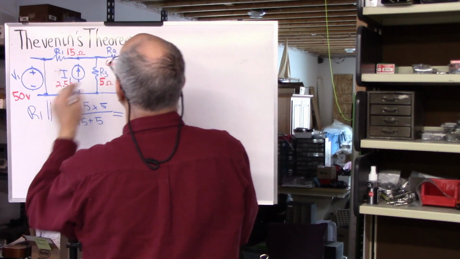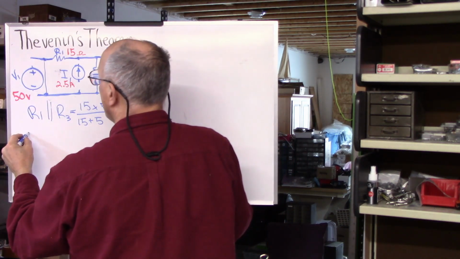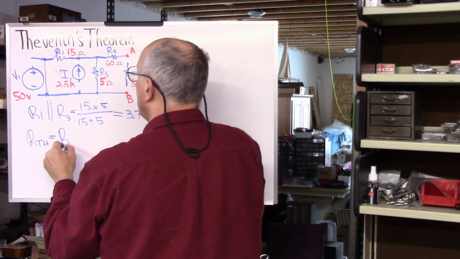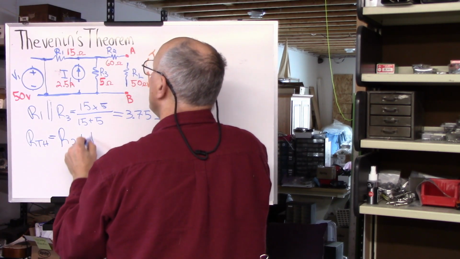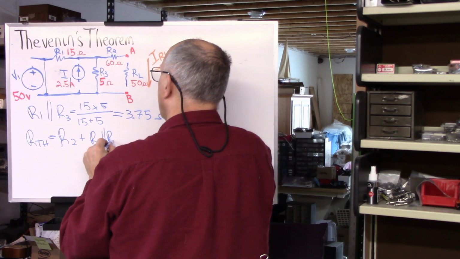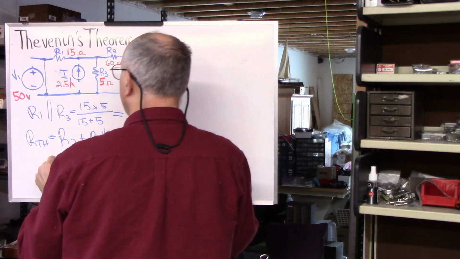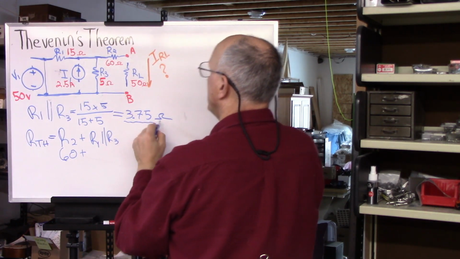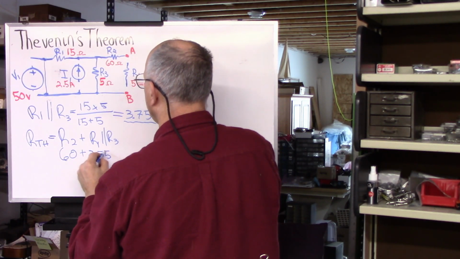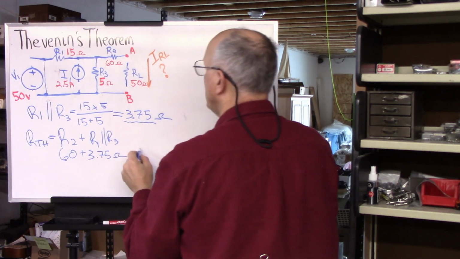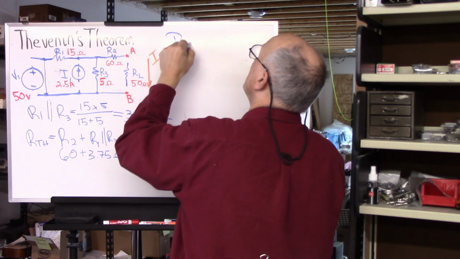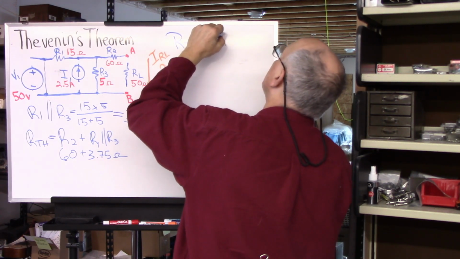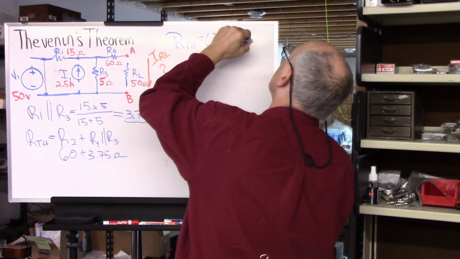So the equivalent resistance looking in this way, or R Thevenin, is equal to R2 plus the parallel combination of R1 and R3, which gives us 60 ohms, which is R2, plus, we already calculated this at 3.75 ohms, which means that R Thevenin is equal to 63.75 ohms.